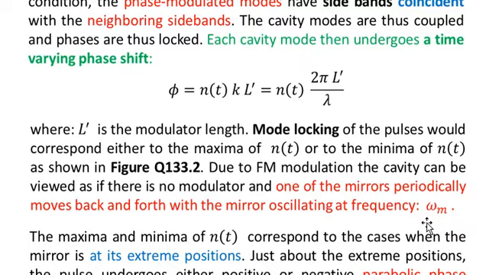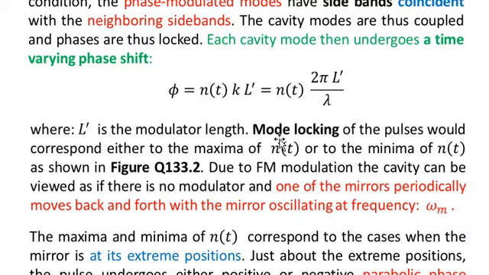So you see that we have discussed the FM modulator. You can also assume that the FM modulator is not present, and instead one of the cavity mirrors is periodically moving back and forth sinusoidally with the mirror oscillating at frequency omega m. The two conditions will be equivalent.